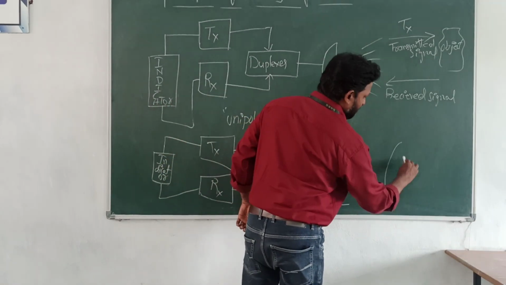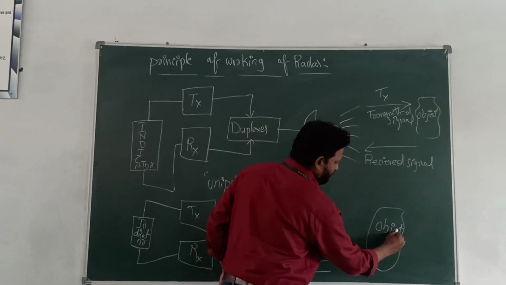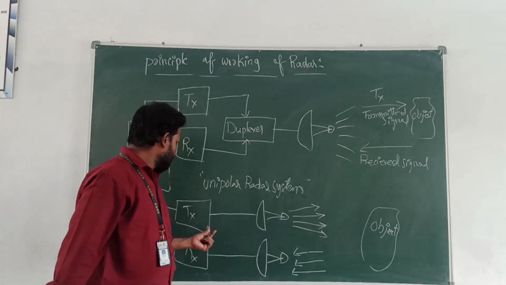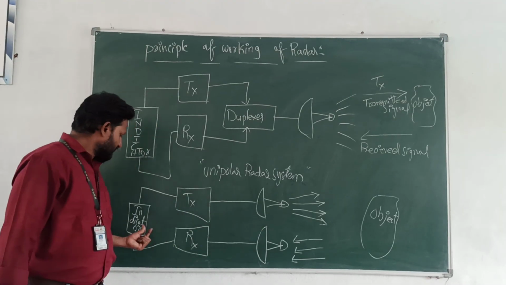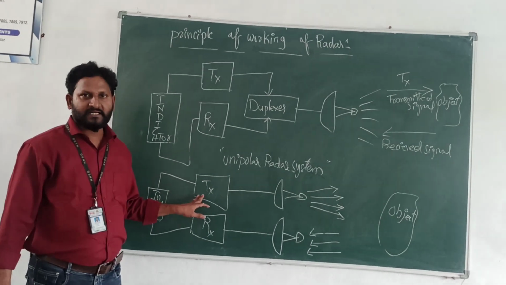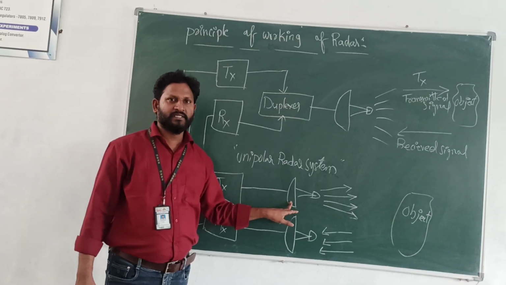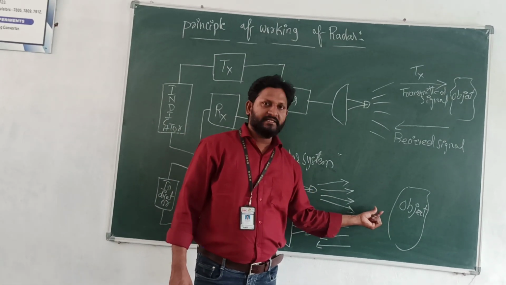So this is the object. Here we are going to use two antennas. The indicator generates the signal that is transmitted by the transmitter in the air through the antenna. This antenna transmits the signal in the air.